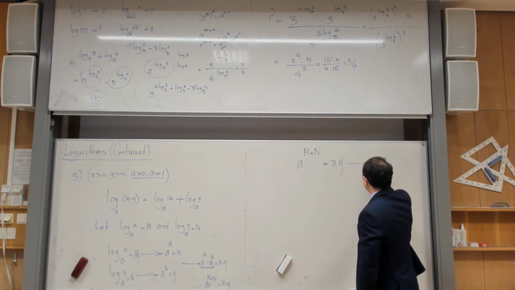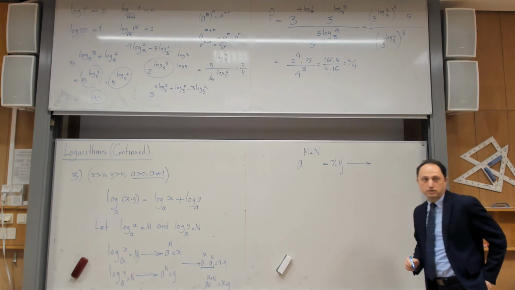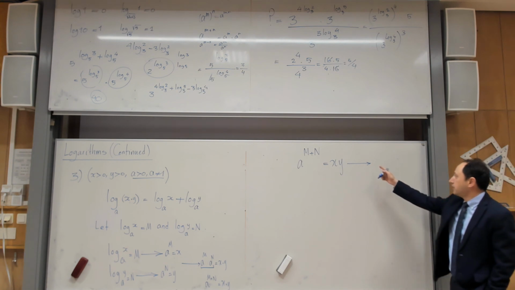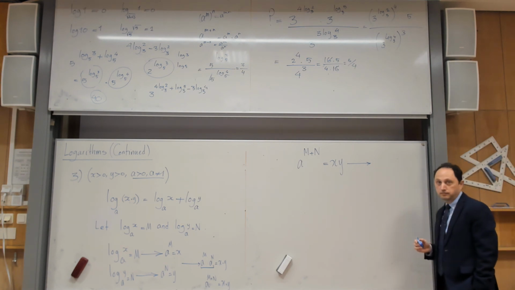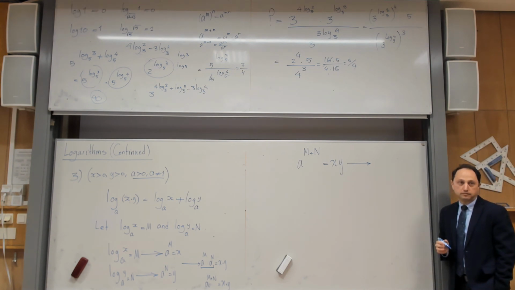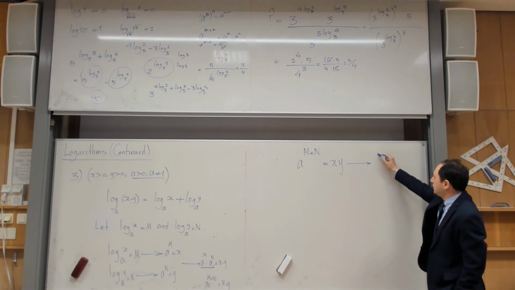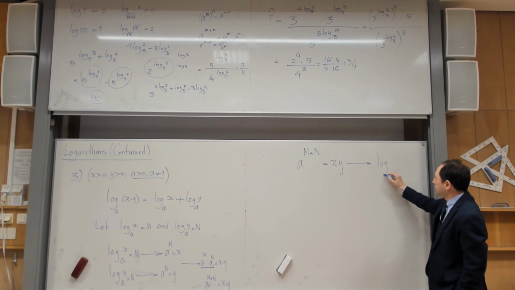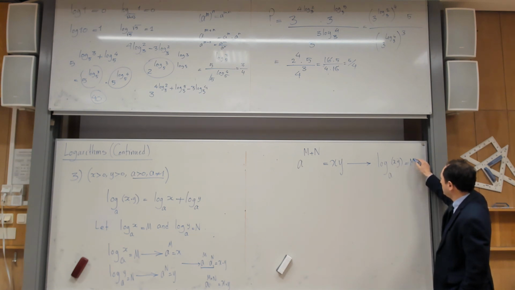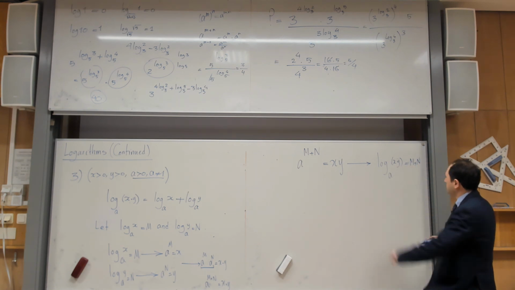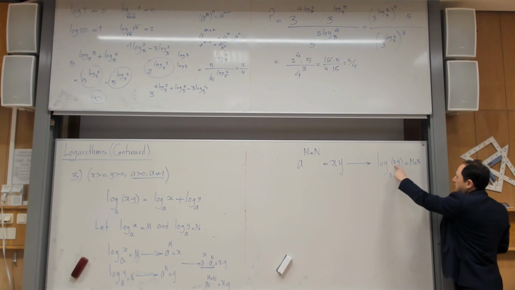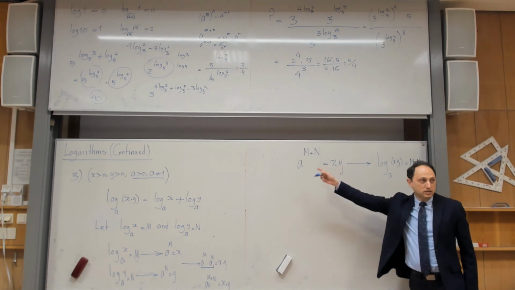What would be the proper log language here? Base A and xy. So you can write log of xy in base A equals M plus n. Do you agree or not? Yes, because A to the power M plus n is xy, and that is telling me the same thing.